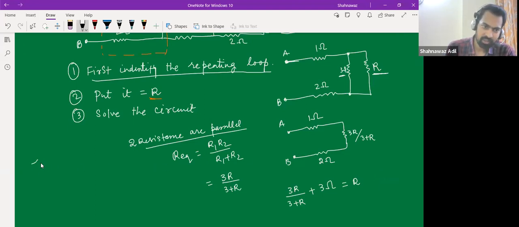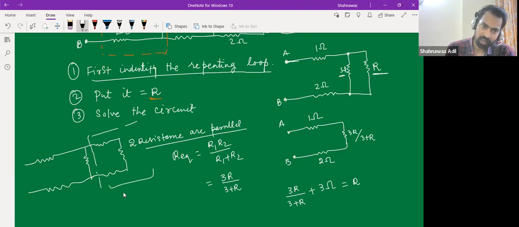You see that this was repeating, and I assume the repeating one to be R. So let's say the total is R, and this one is also repeating. From this point, this is R, and I have assumed that the total is R, so this total would again be equal to R, because this is going to infinity.